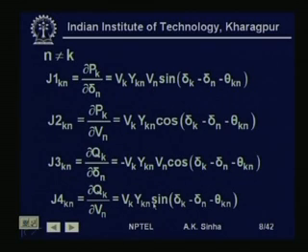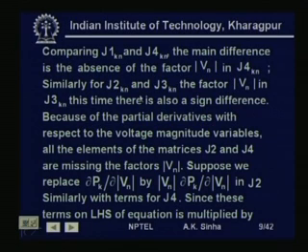Similarly, J2 and J3 are very similar, except that J2 is missing this Vn. Also, there is a minus sign associated with J3. If we can take advantage of these similarities, our computation for the Jacobian matrix can be made much simpler.